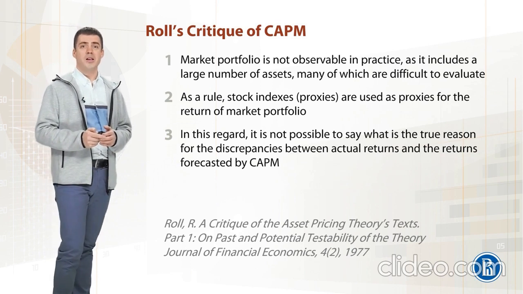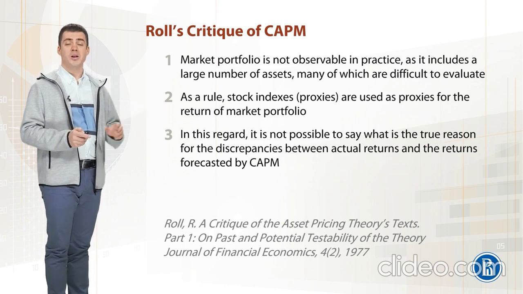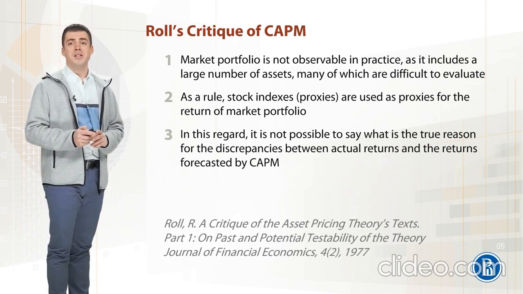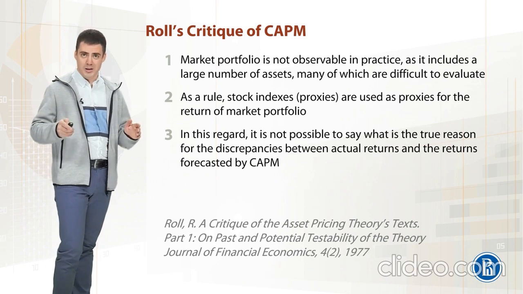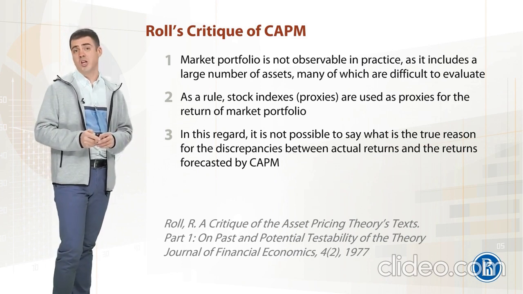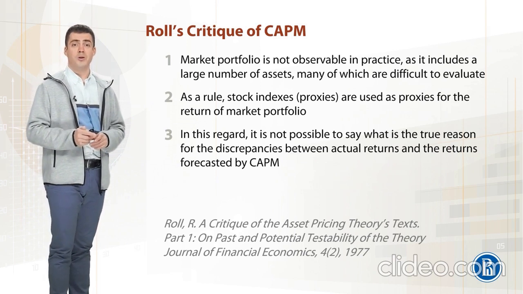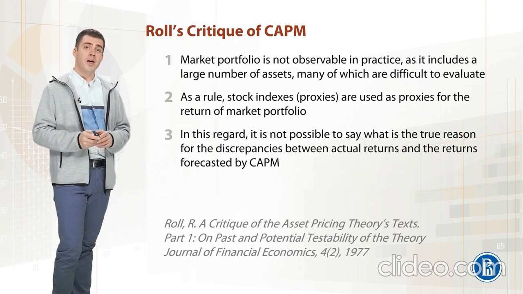So that's why, as a rule, we take various stock indices as proxies for the return of the market portfolio. But indeed, there is no proof that by observing the dynamics of various stock indices, we can observe the changes in the real returns of the market portfolio. So in other words, we can say that the true market is not observable.